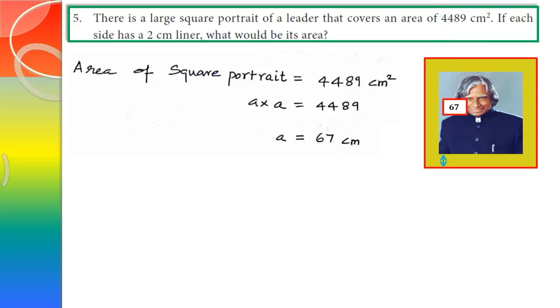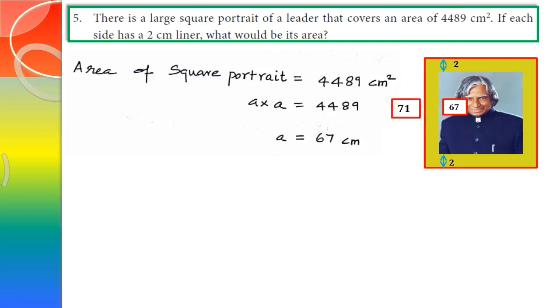Bottom is 2 centimeter liner, top is also 2 centimeter liner, on both sides 2 centimeter again. So 67 plus 2 plus 2, that is 67 plus 4, that is the outside length of the portrait. So the outside length becomes 71.